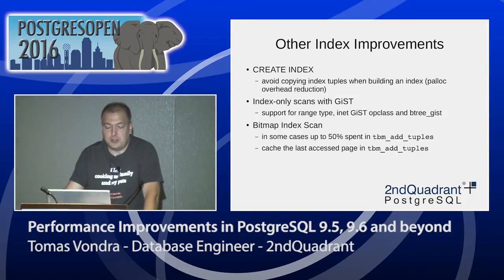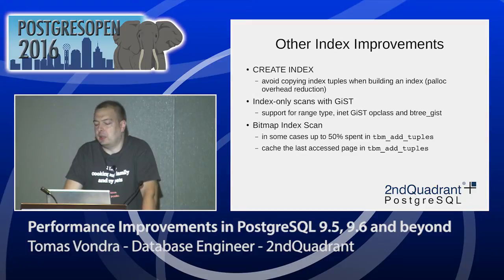And in some cases, the bitmap index scan was spending like half of the time building the bitmap, which wasn't really necessary. So I think Oleg or Theodor improved that, and you actually get a bitmap index scan that's twice as fast in some cases. So that's really nice.